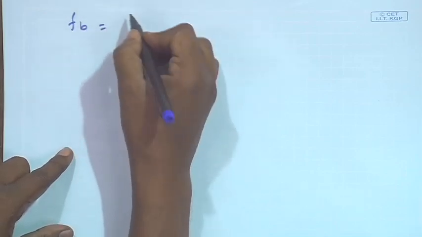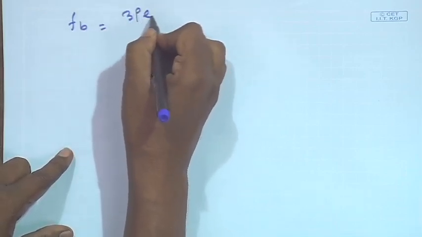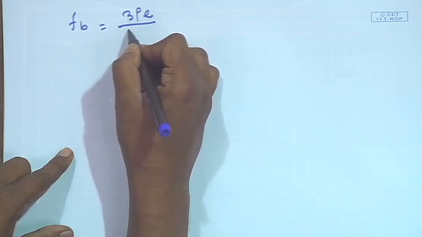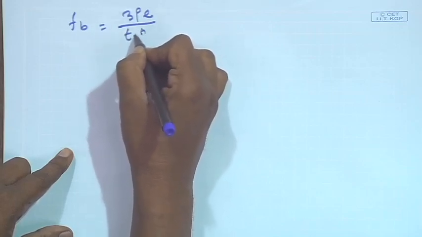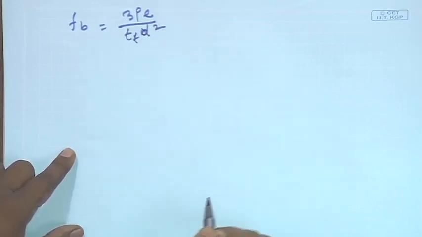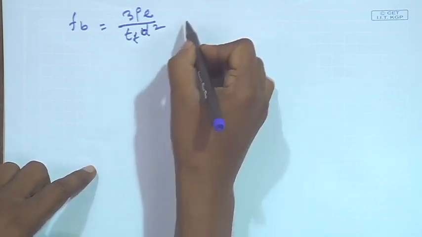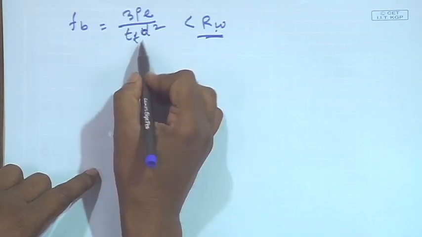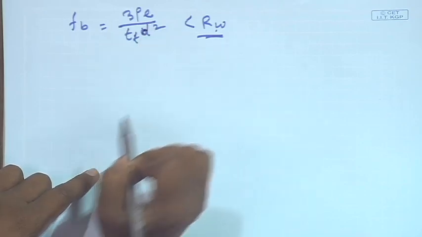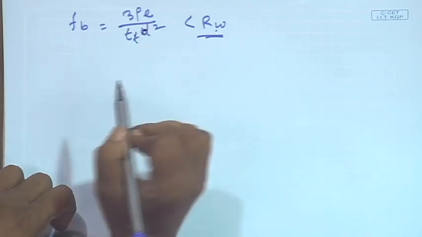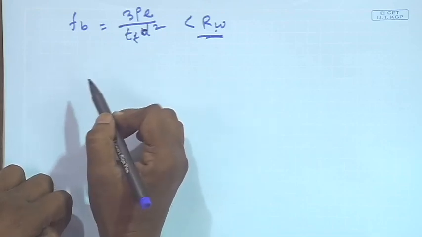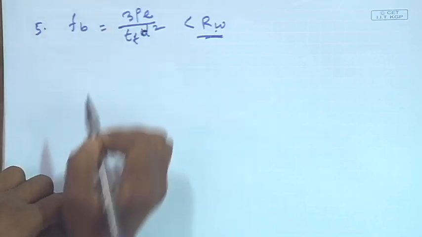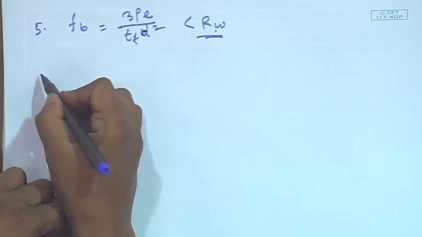Fb also has to be less than 3 Pe by Tt into d square, right, and it also has to be less than Rw, the weld strength. Individually both components have to be less than Rw, and obviously it will be, otherwise you have to increase the size of the weld or increase the depth, right.